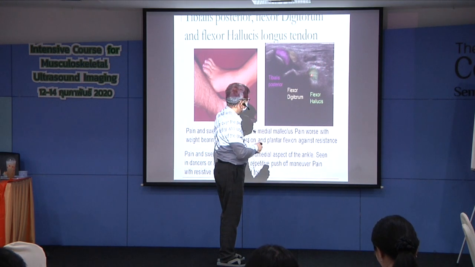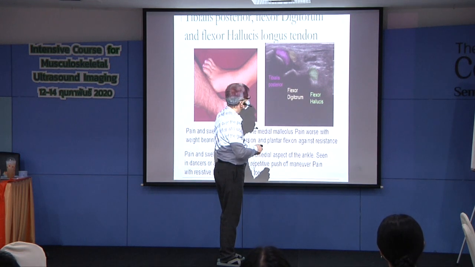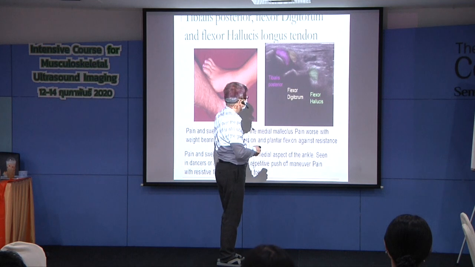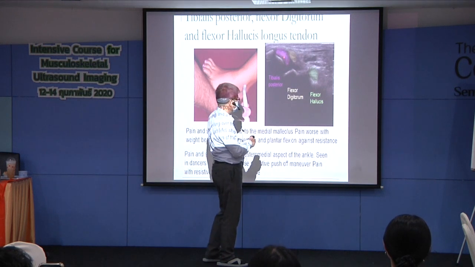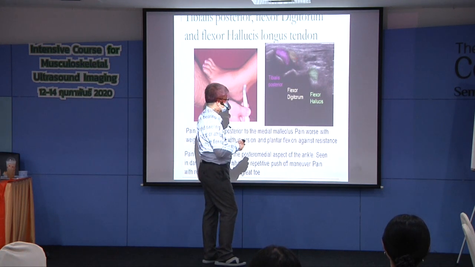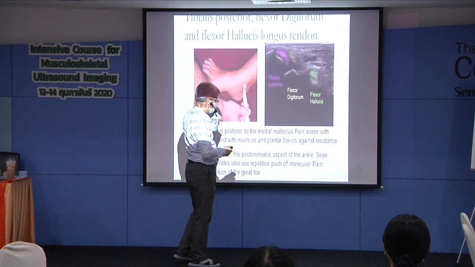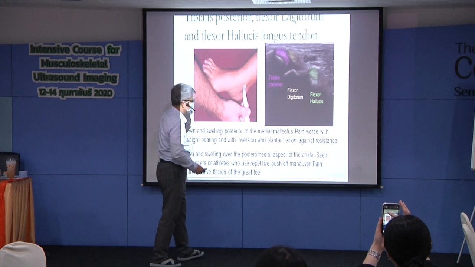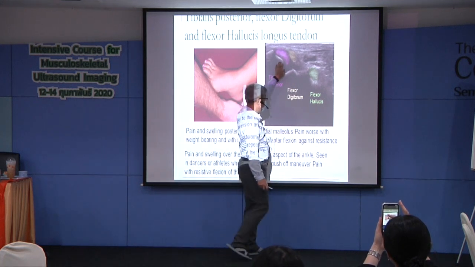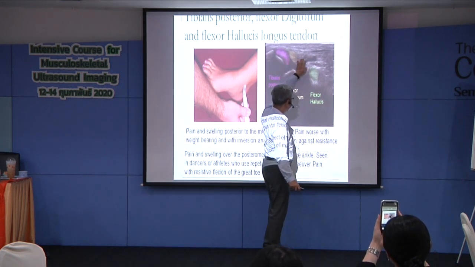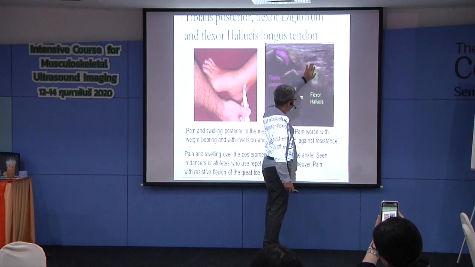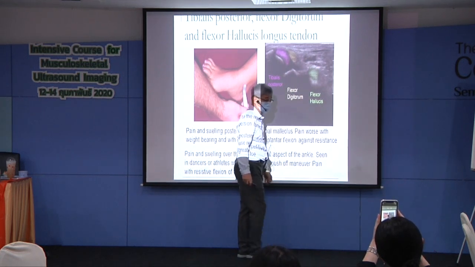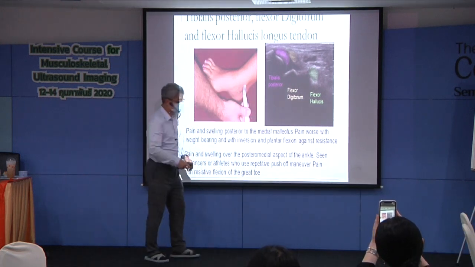Then a tendon below the nerve. That's tibialis posterior, flexor digitorum tendon, and the flexor hallucis tendon. So: tibialis posterior, flexor digitorum, artery, nerve, and flexor hallucis tendons. Okay.